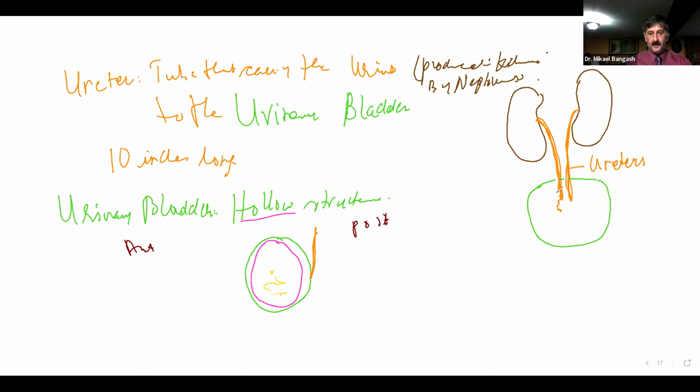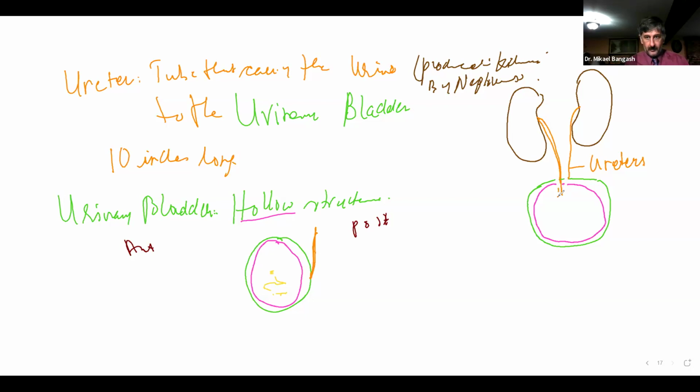So if this is an anterior view and this is the hollow space of your urinary bladder, look at it in this way: this was the ureter.